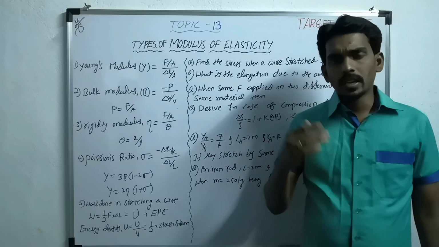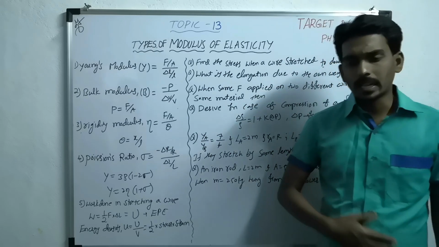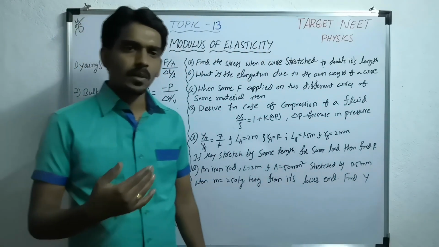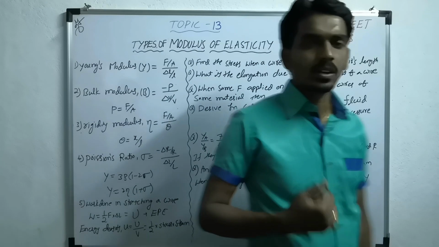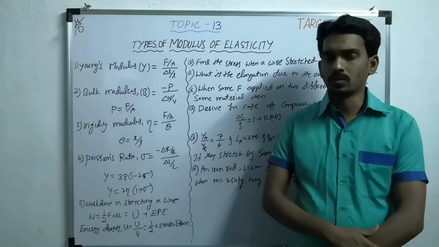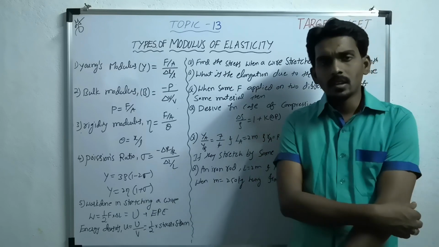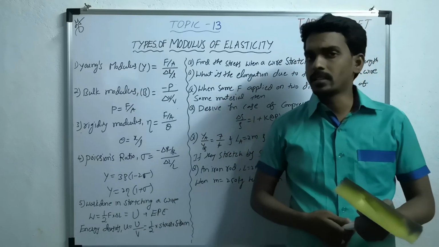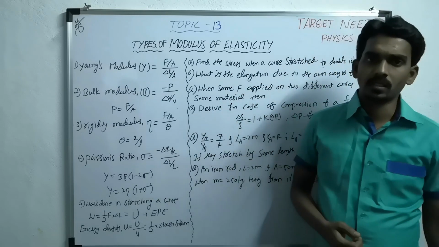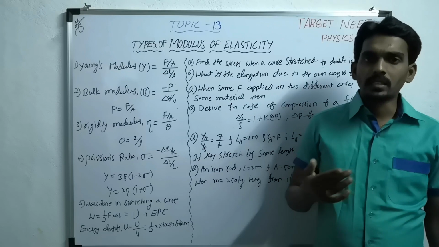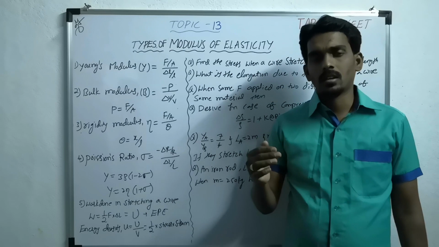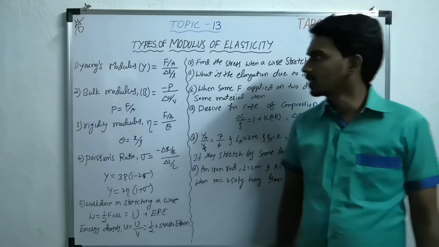It is generally of 2 types: the stress applied corresponding to change in length is tensile stress and compressive stress. When the length increases, it is tensile stress, and when length decreases, it is compressive stress, and the corresponding fractional change in length, delta L by L, is called the longitudinal strain.